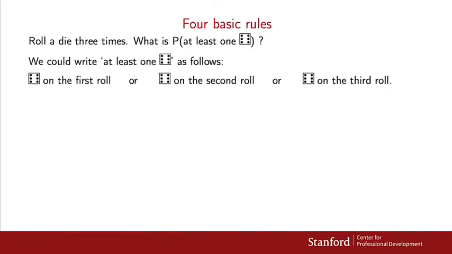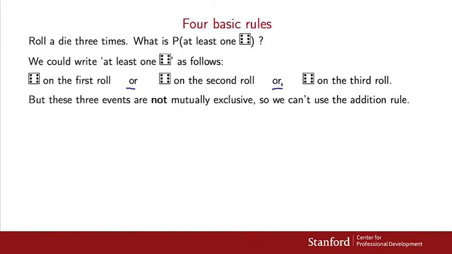So now we have OR in between there. So that suggests we should try the addition rule. But there's a problem here because those 3 events are not mutually exclusive. Because if we get a 6 on the first roll, we can also get a 6 on the second roll. So we cannot use the addition rule, and we have to try a different approach.